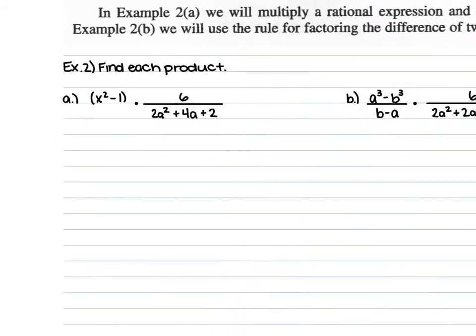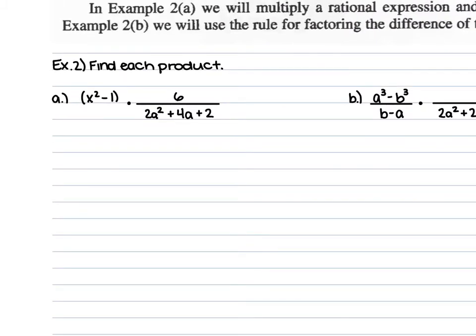If we look at example A, we have x squared minus 1 times 6 over 2x squared plus 4x plus 2. We're going to change this to be 2x squared, just so that way we can actually cancel out.